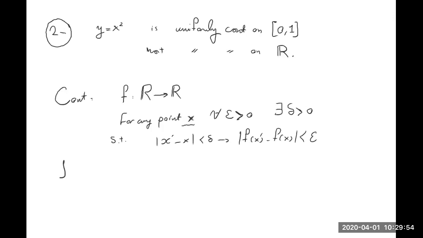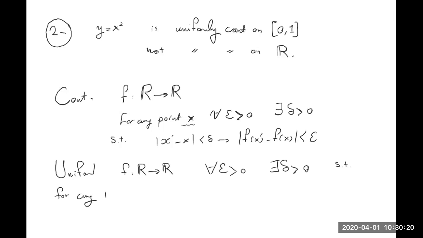Now, when we say a function f from R to R is uniformly continuous, it means for any positive epsilon, there exists a positive delta such that for any two points x and x prime, where the absolute value of x minus x prime is less than delta, we are going to have f of x minus f of x prime is less than epsilon.